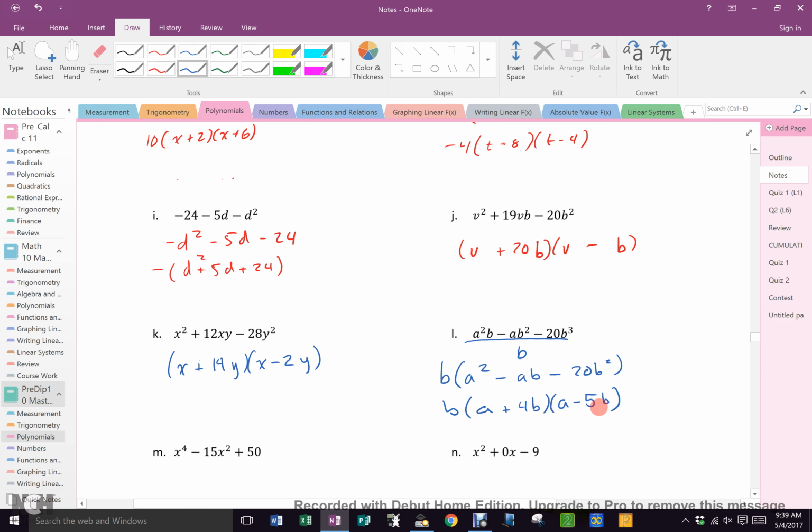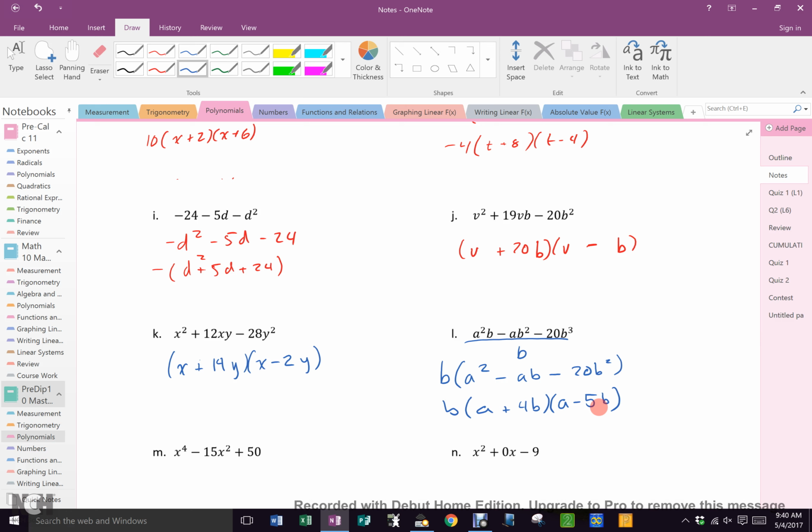Is everybody good? That is all the wrinkles, the first level wrinkles of factoring trinomials. Is everybody cool with them? Max? L, yes. Since it's A squared minus AB minus 20B squared, would it matter how you would do it for AB?